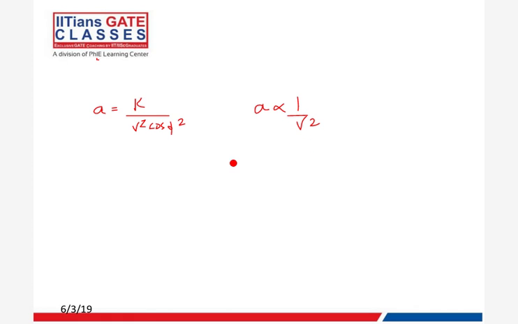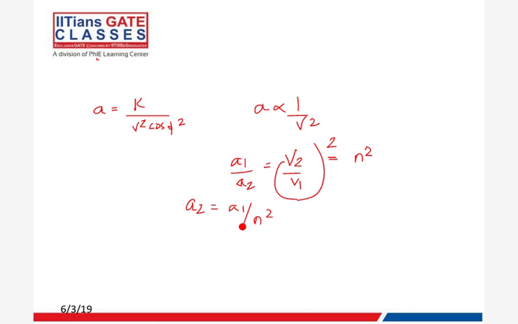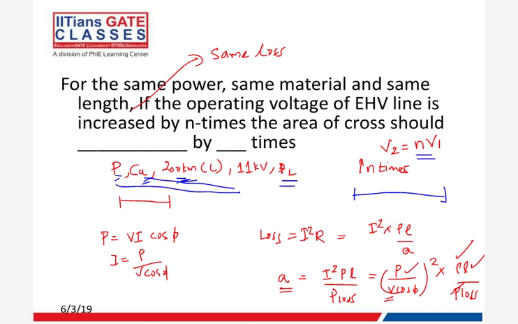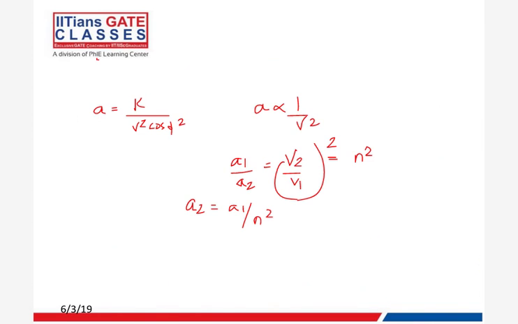So A1 by A2 will be (V2 by V1) whole square, which will be n square. So A2 is A1 by n square. So if you are designing the transmission with same power, same material, same length, and we also want the losses to be the same, then the area of cross section needs to be reduced by n square times.